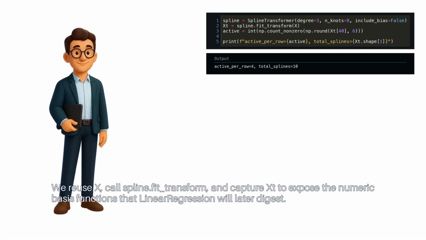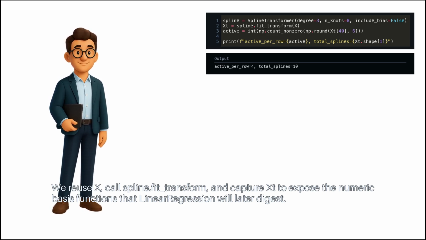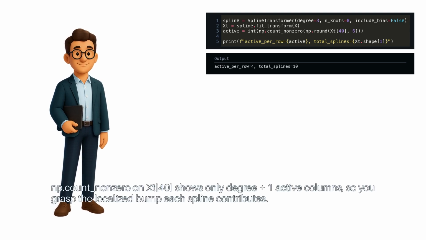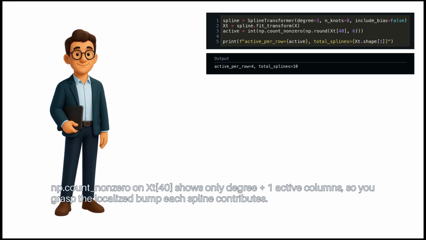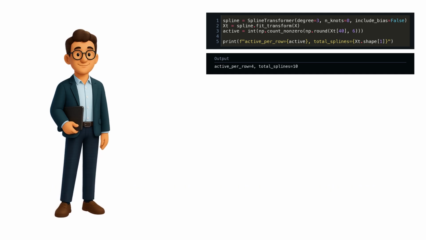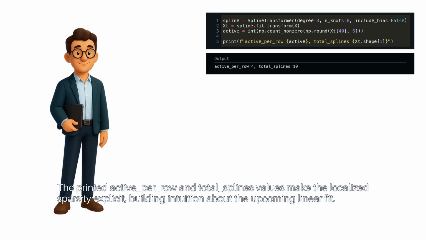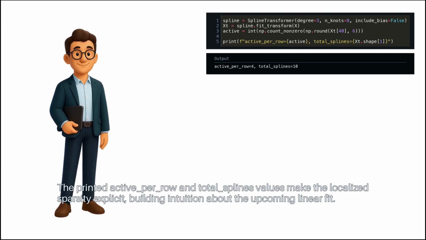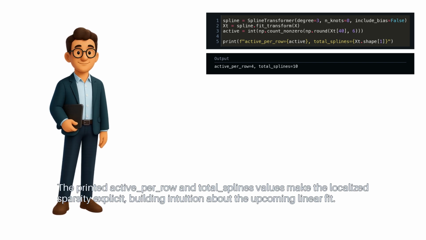We reuse X, call spline.fit_transform, and capture XT to expose the numeric basis functions that linear regression will later digest. np.count_nonzero on XT[0] shows only degree + 1 active columns, so you grasp the localized bump each spline contributes. The printed active per row and total splines values make the localized sparsity explicit, building intuition about the upcoming linear fit.